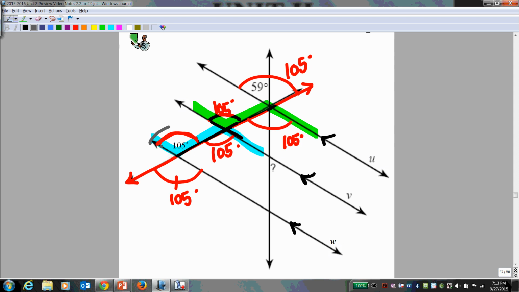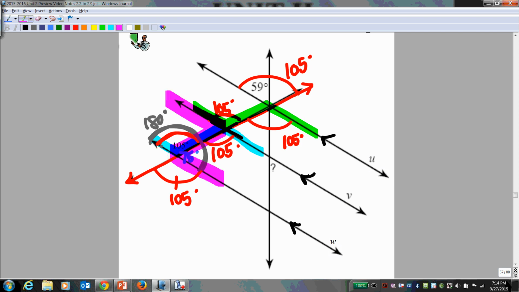Can you physically sweep that for me? See that rainbow there? Can you physically sweep it for me, please? Isn't that up to 180? We take 105 away from 180. We can get 75. Now we can do armpits of the Z this way.